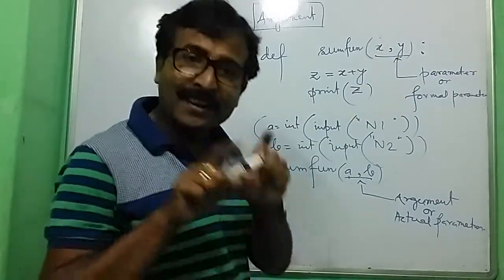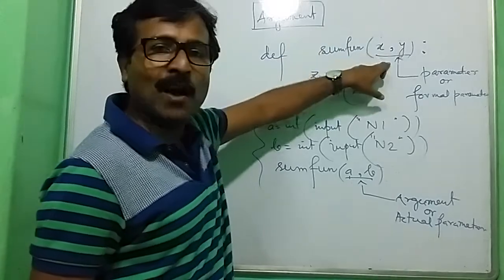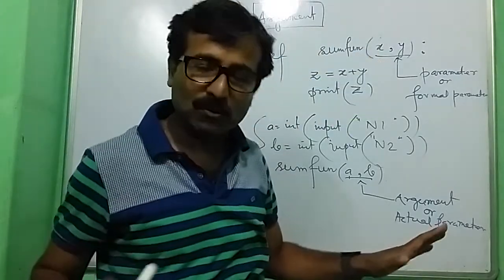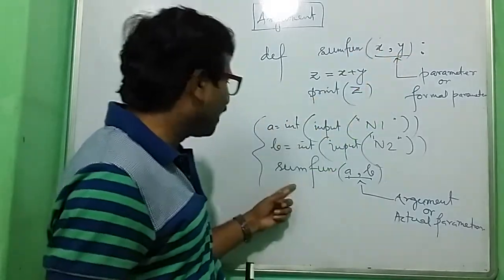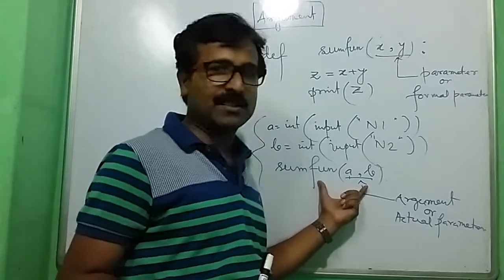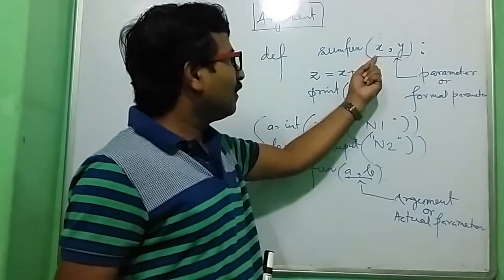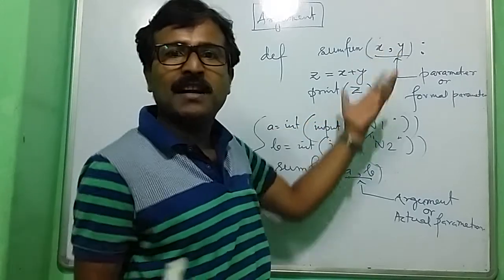No. Until and unless you call the function sumfun, x and y will have no value. Then when will they get a value? When you call the function. So until and unless you make the invocation statement, these two parameters, these two variables will have no value.